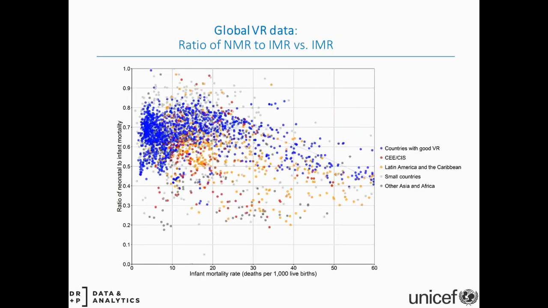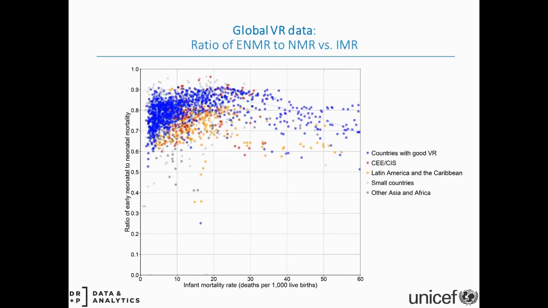Just to add one point, for small countries, we do see a lot of variation here, because they're so small. And similarly, we put the ratio of early neonatal mortality rate to neonatal mortality rate. You see less variation in this chart.